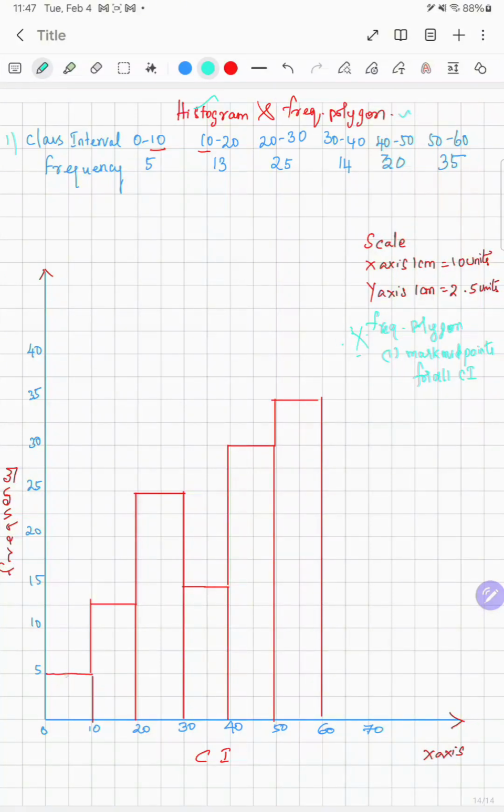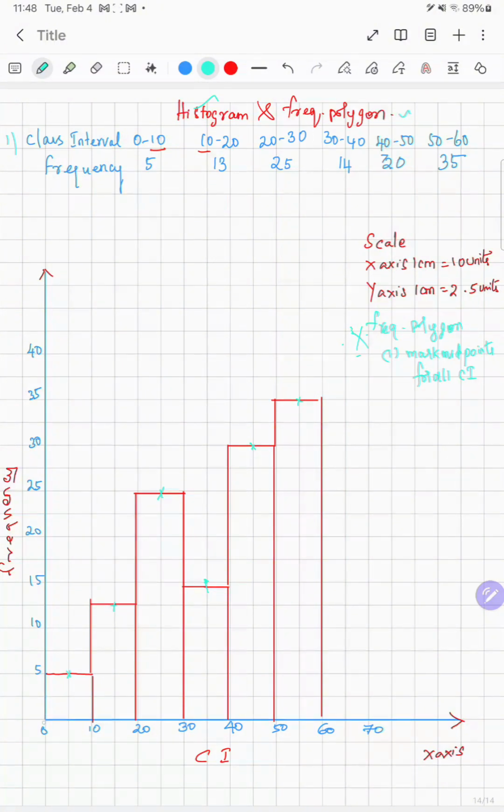First mark the center point here. The midpoint is here for the first, for the second it is here, for the third it's here. The fourth I drew too low, so don't take that one. Here with the class intervals we have marked the centers. That is easy.